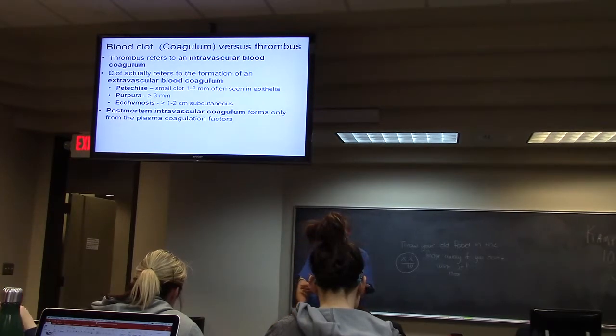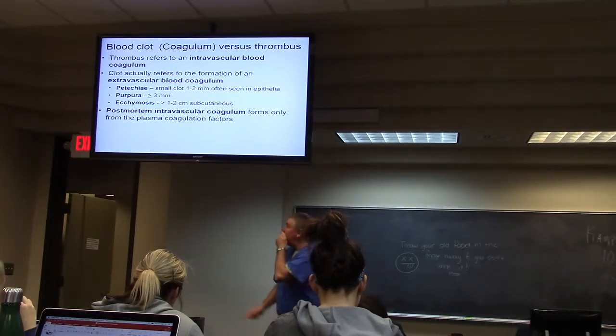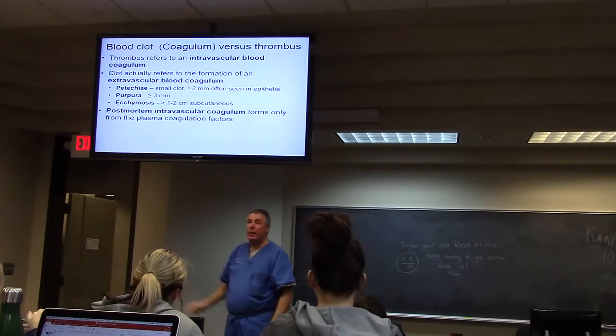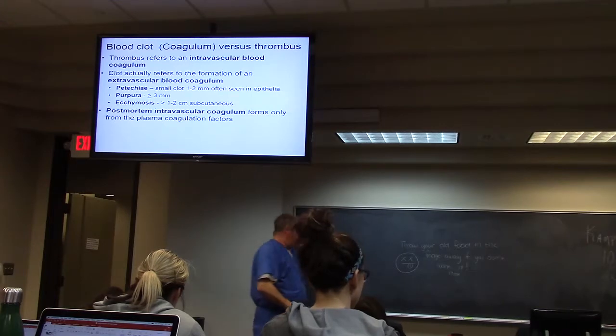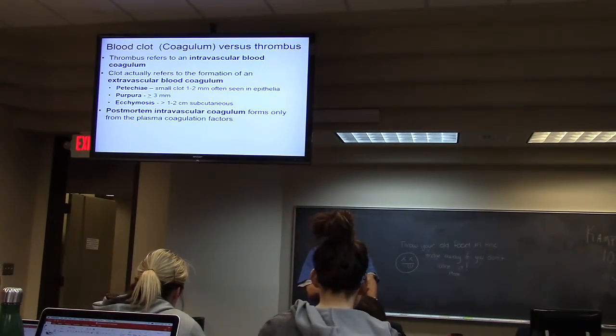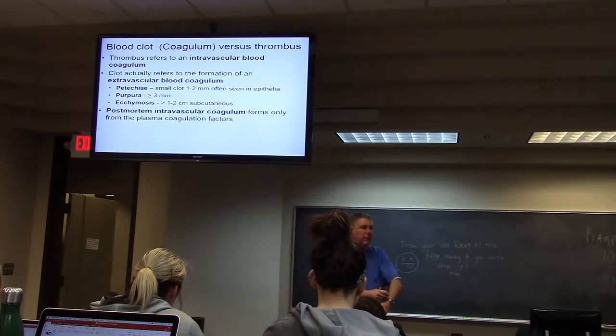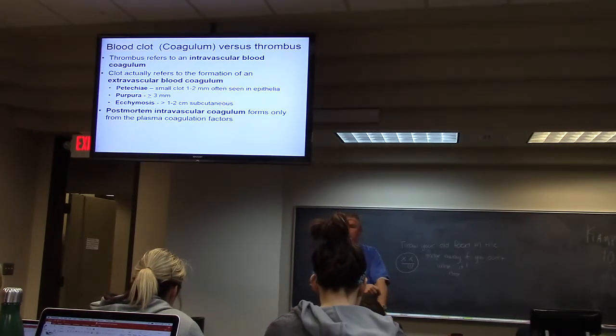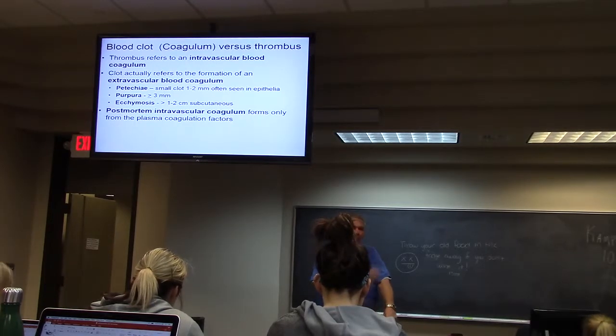If you're looking at external to the vascular system, a clot can be defined as one of these 3 types of appearances. One is petechiae. These are small purplish to reddish to blackish small spots. It's very local extravasation and clotting.